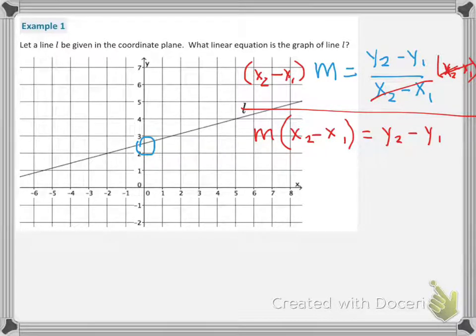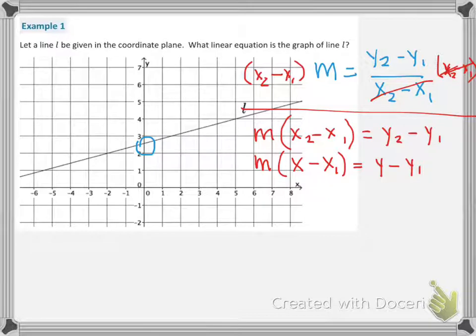And notice that this equation doesn't have a y-intercept. There's no b. And that's good for us because we don't know what b is anyway. So the equation turns out to be m times x, a value of x that we don't know, minus our x1 is equal to y minus our y1, so our y value.